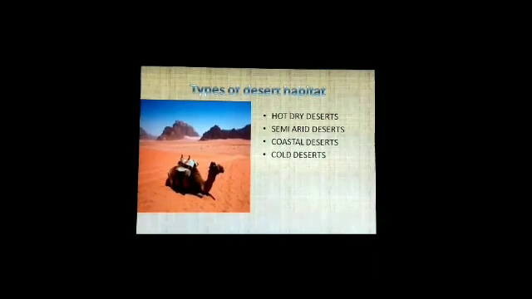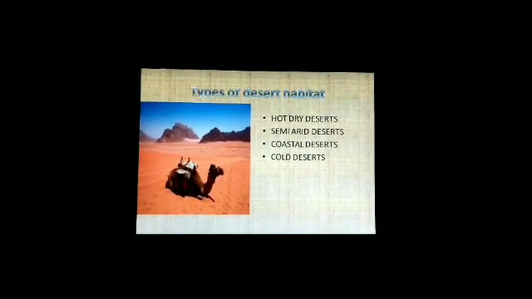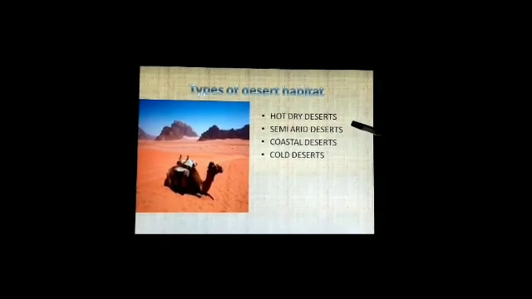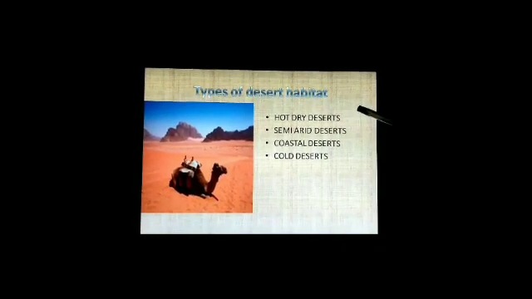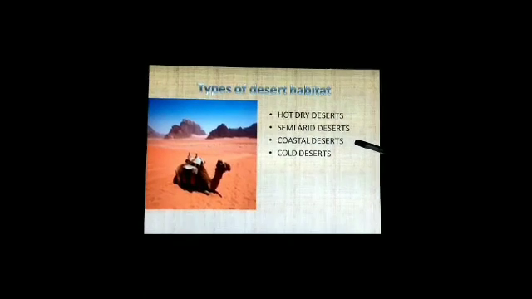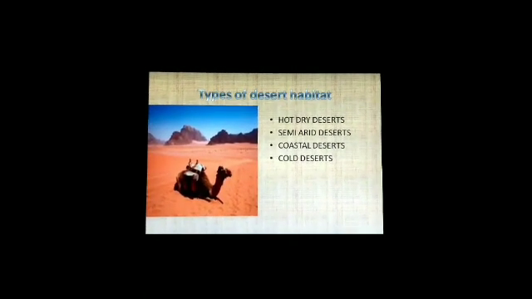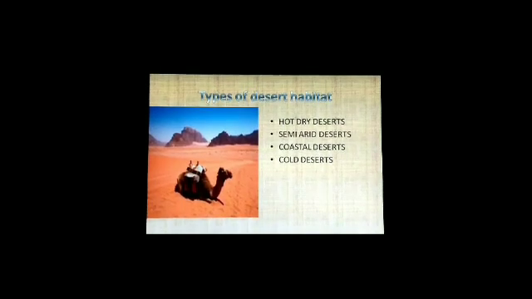The types of desert habitat are hot, dry deserts, semi-arid deserts, coastal deserts, cold deserts. These are the four types of desert habitat.